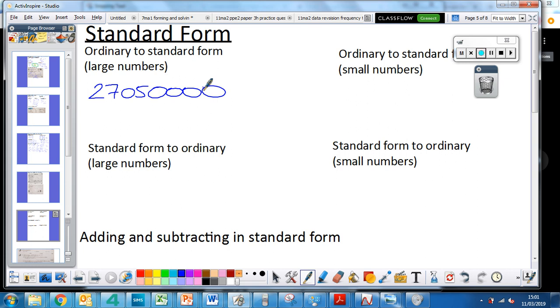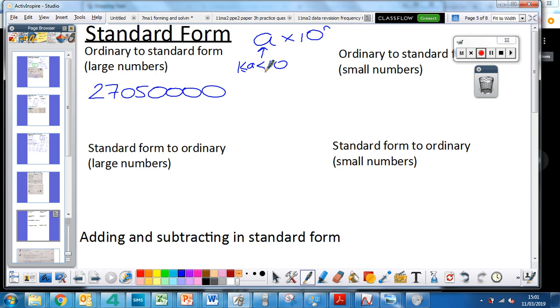So, first thing to remember about standard form is a number times 10 to the power of n. This number, at the start, has to be between 0 and 10. It has to be at least as big as 1, and it has to be up to, but not allowed to be, 10.